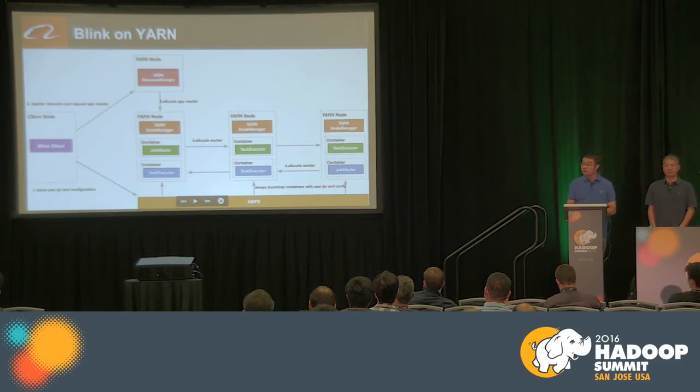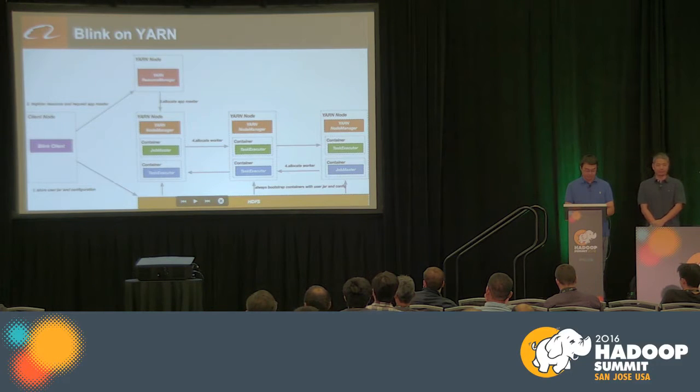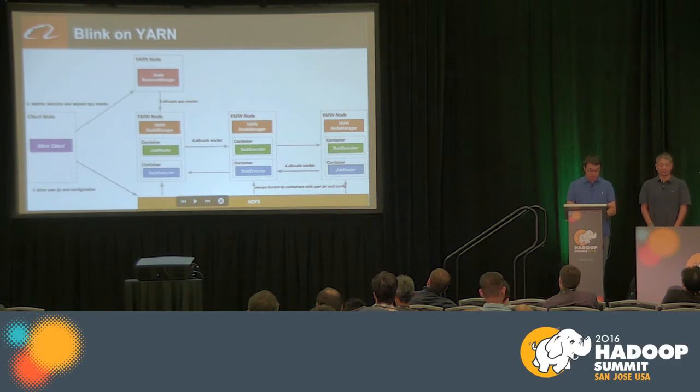OK. To solve this problem, Flink implements a new runtime architecture, native run on yarn. First, the Flink client will submit a job to the yarn cluster. Then the yarn resource manager will launch an application master first. We call it Flink job master. Then the job master will allocate resources from the yarn resource manager, and then use these resources to launch several task executors through the yarn node managers.